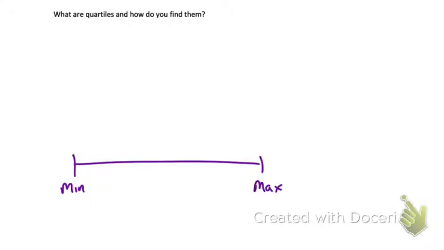And when I start counting the data, let's say I have 8 data values. So let's say they look a little bit like this. Let's say that's our data set there.